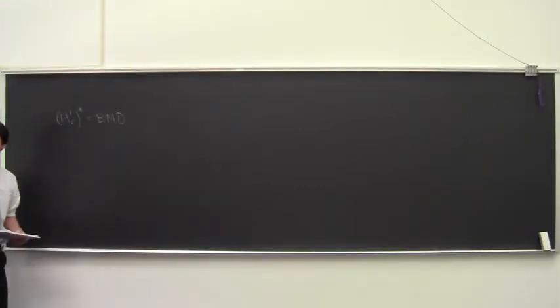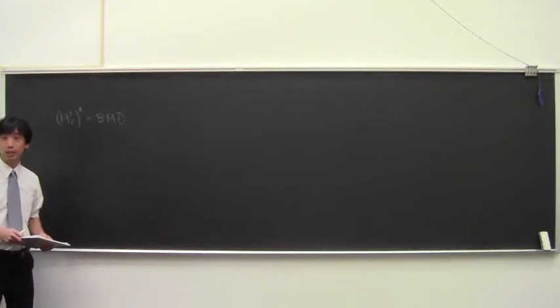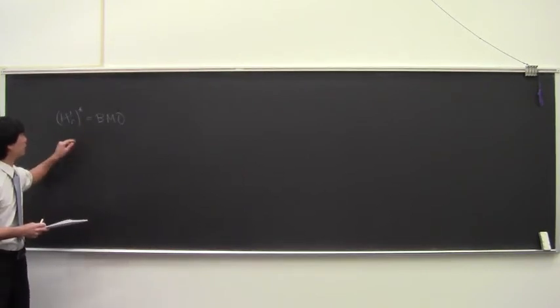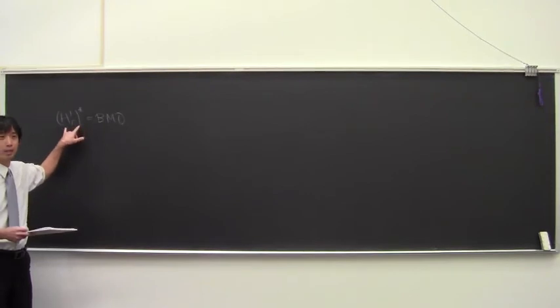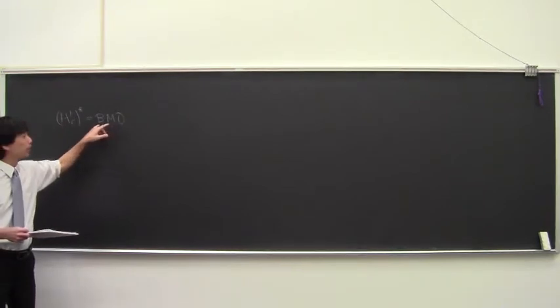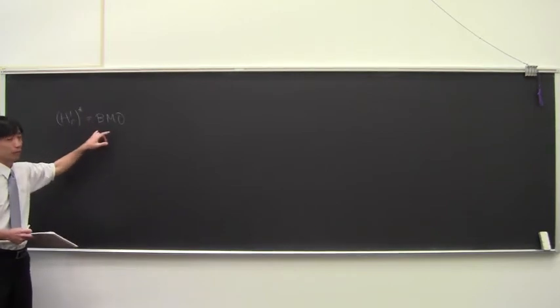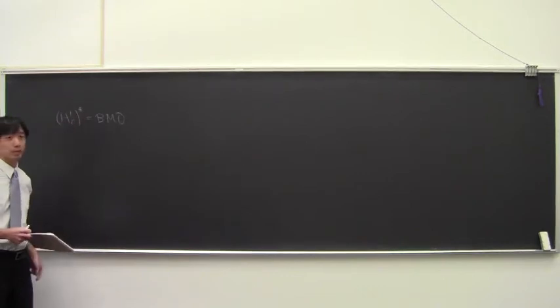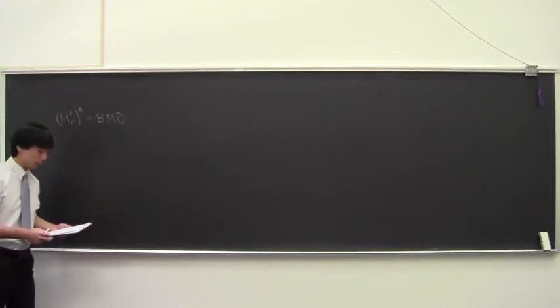We want to show that any continuous linear functional on H1 can be realized as integration against a BMO function. And roughly speaking, backwards, any BMO function, if you integrate against it, gives rise to a continuous linear functional on H1.